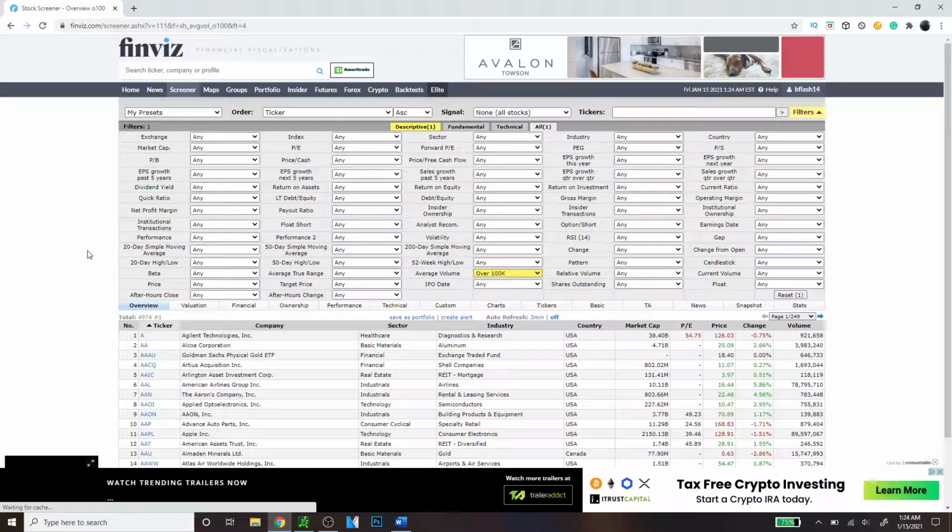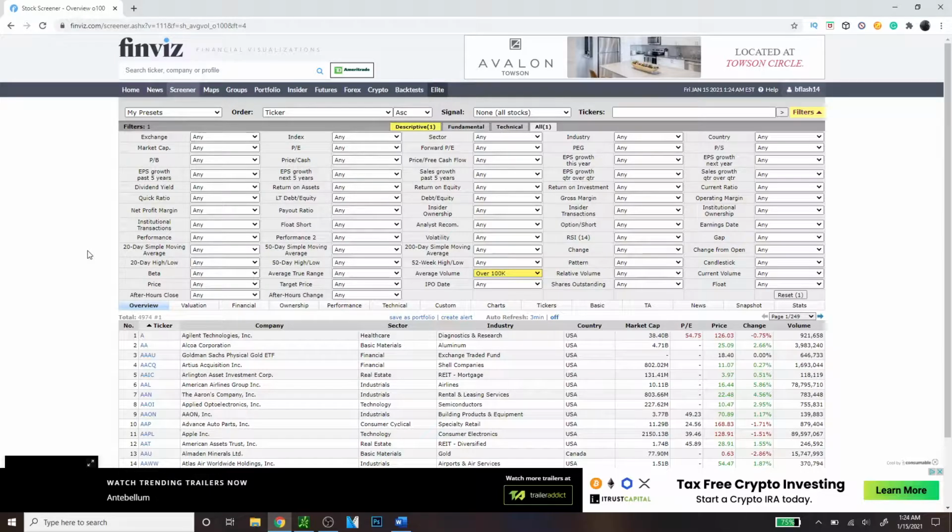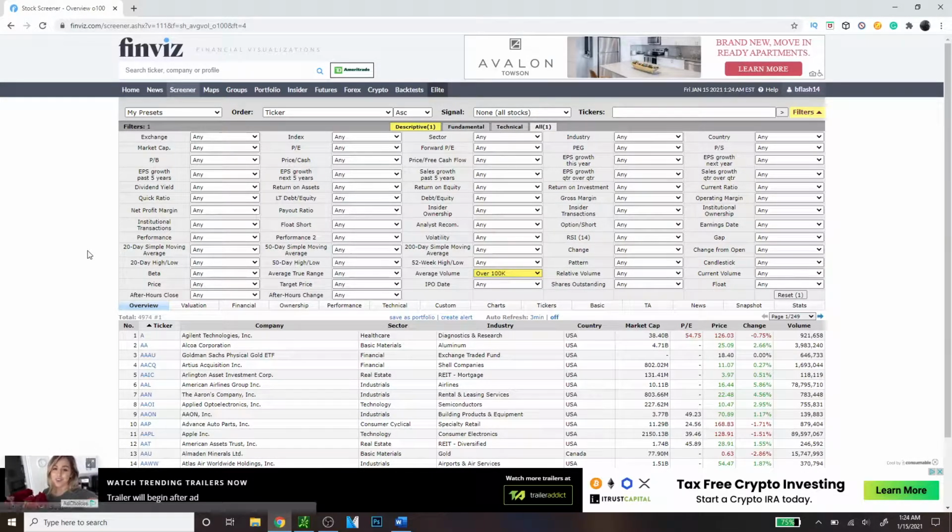If you're trading with lower volume stocks, you will notice that the ability to sell is very, very difficult, because you're waiting for somebody to pick up your order to buy it. So I don't touch anything under 100K. It's not worth it.